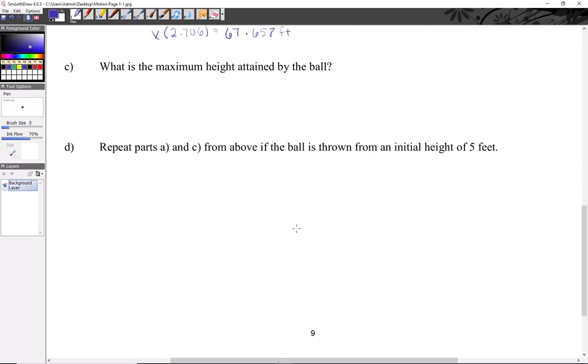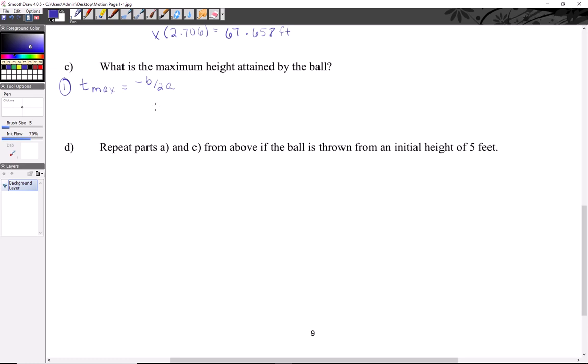So when will the maximum height be obtained by the ball? Okay, you actually have 2 options for this, so I'm going to put option 1 over here, and we can do this by just calculating the vertex. So we can just go ahead and say at this point that t max will equal the opposite of b over 2a.